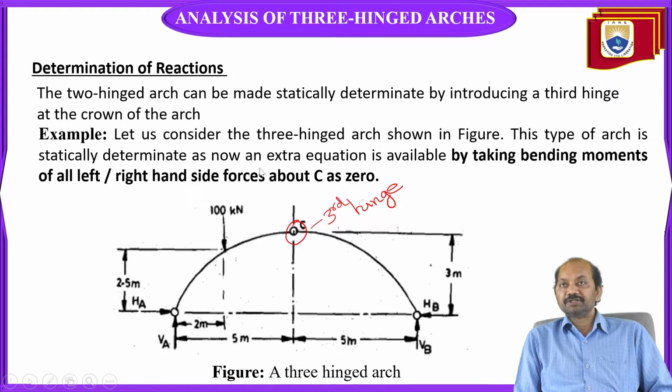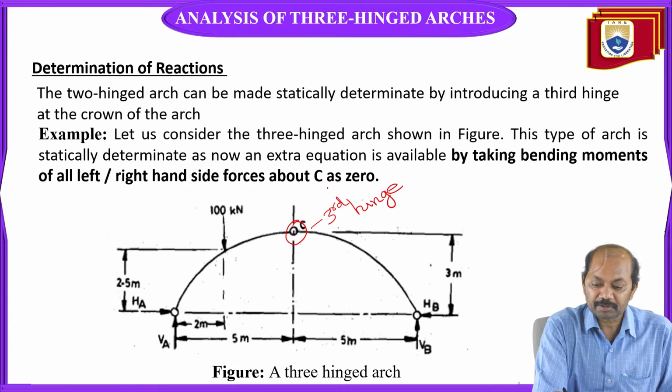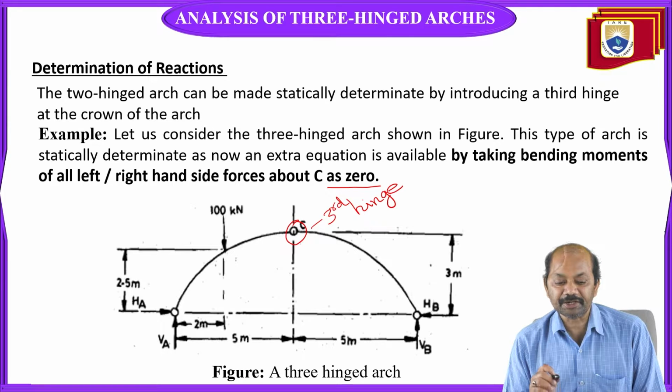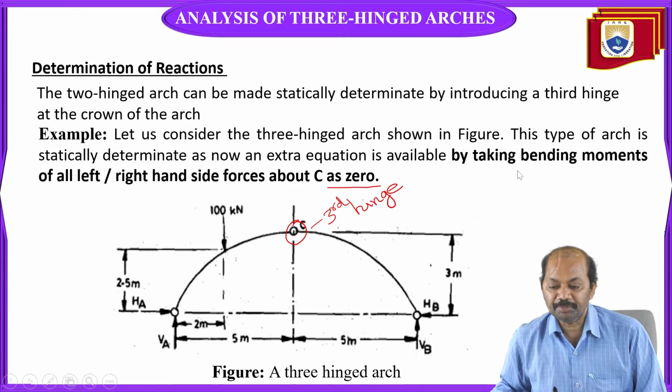The reason is that an extra equation is available by taking the bending moments of all left or right hand side forces about C as 0. Why did this three-hinged arch become a statically determinate structure? The reason is the bending moment of all left or right hand side forces about C is 0.